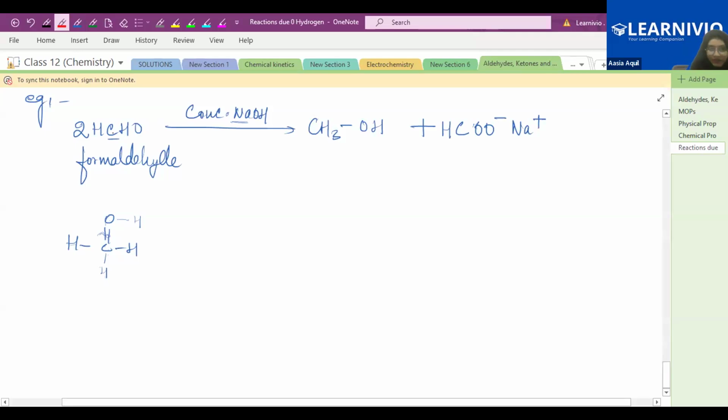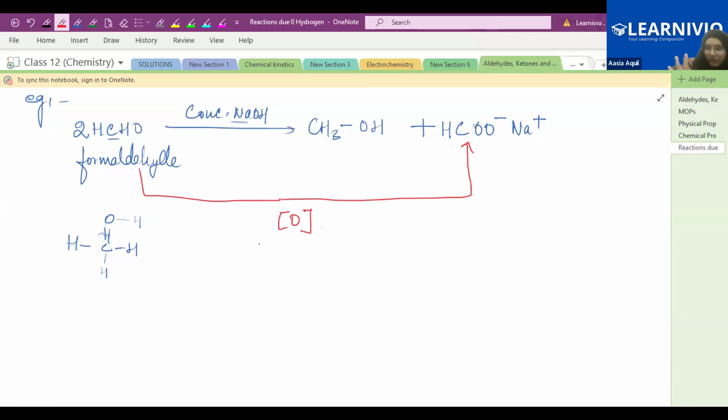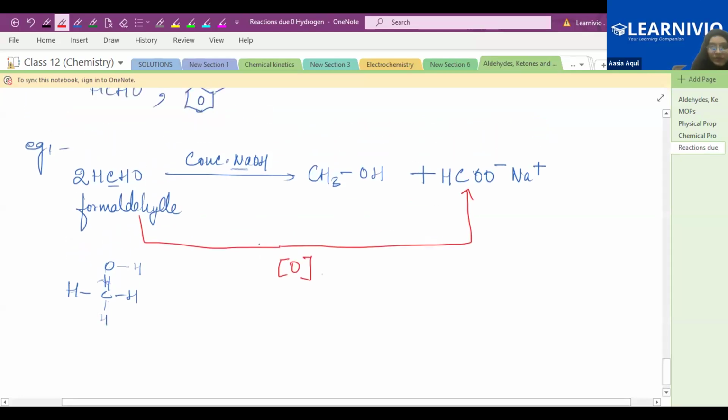So this NaO, you can show that. This is your oxidation. On oxidation, we just get the carboxylic acid, but here we are using the sodium hydroxide, so you will get the Na plus salt.